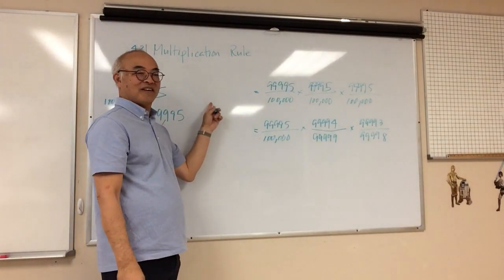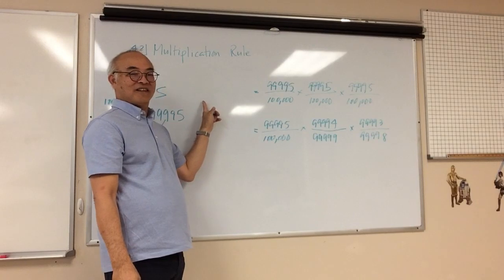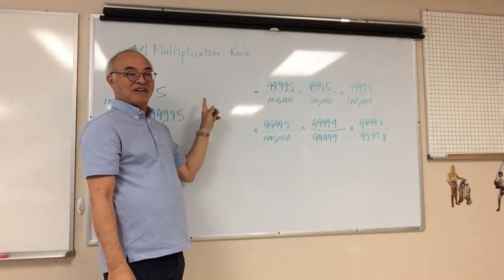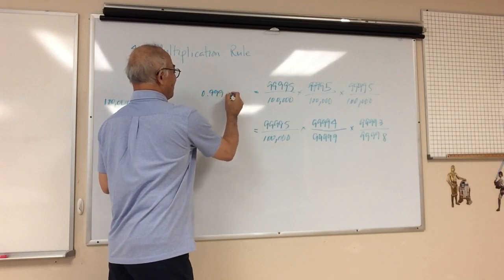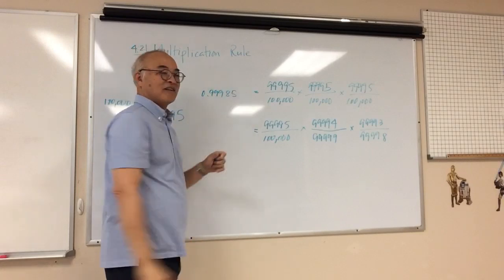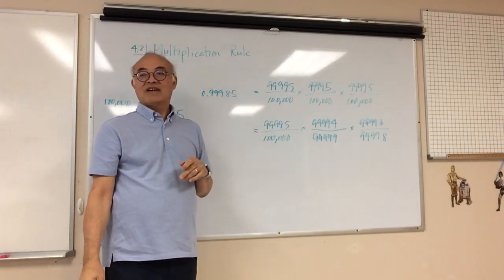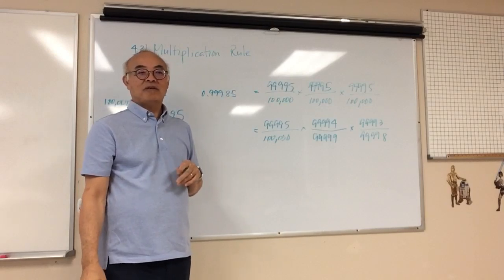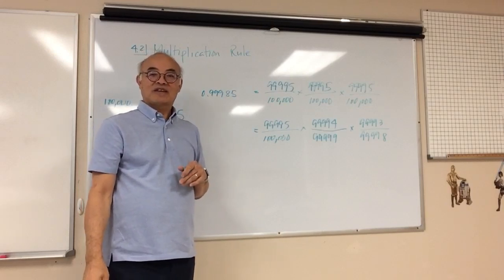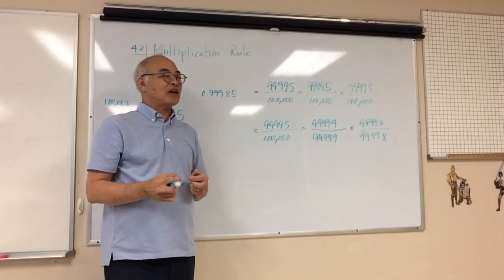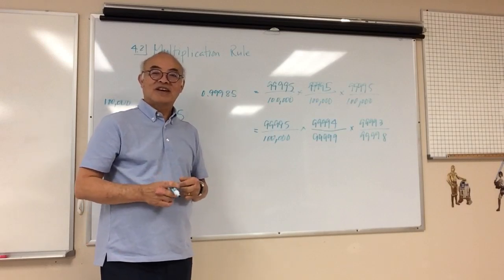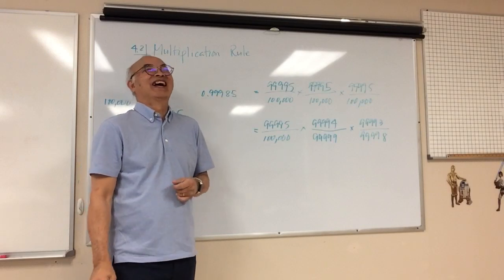What do we get here? Anybody? 0.99985. Everybody else get that? You get that one? Everybody got that? We have an imaginary calculator there, Isaac. I'm just writing down 0.99985.